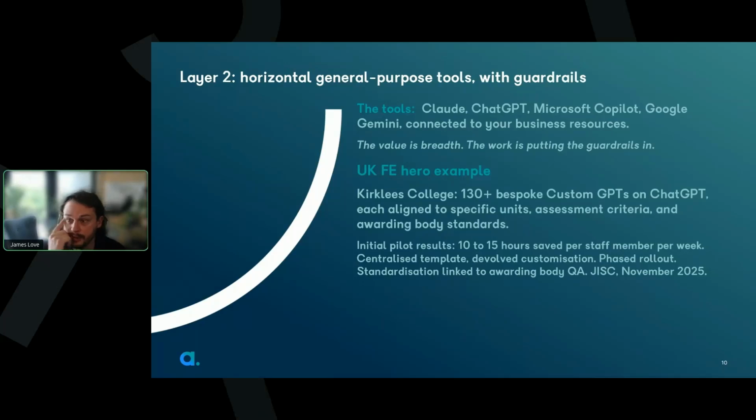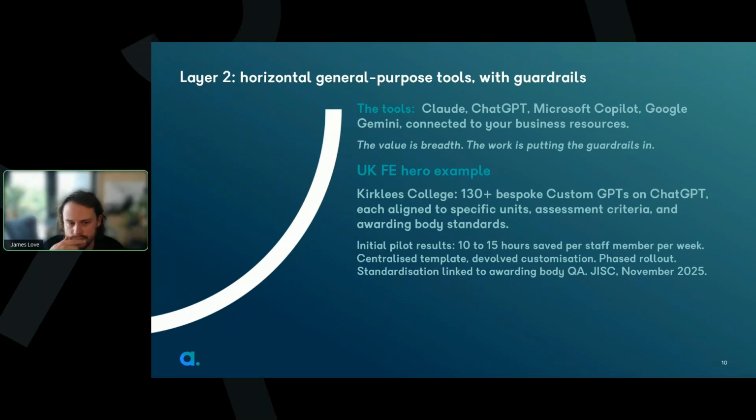Layer two are the general purpose tools you already know by name. They're everywhere. Claude, Microsoft Copilot, ChatGPT, Google Gemini. These are connected to your business resources, but they're not necessarily embedded in your business resources, and they aren't required to be connected.